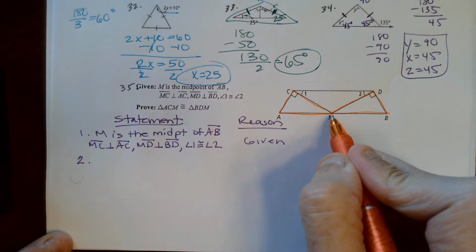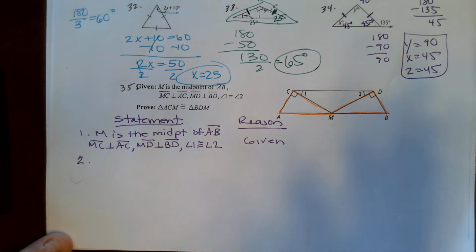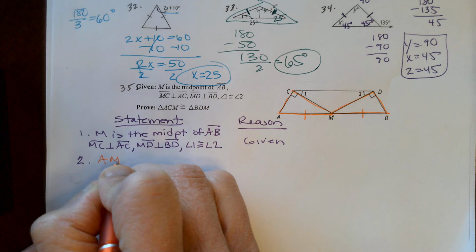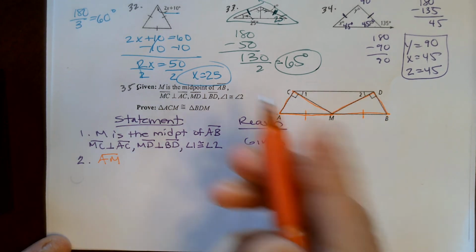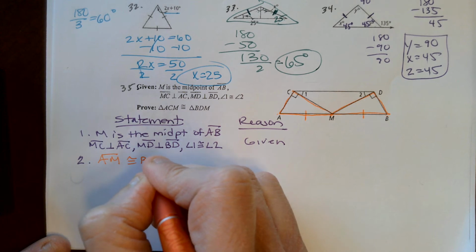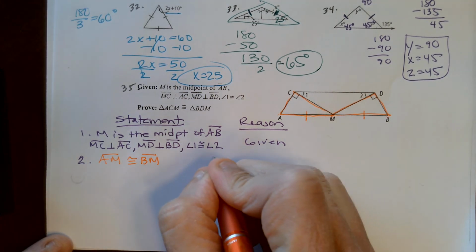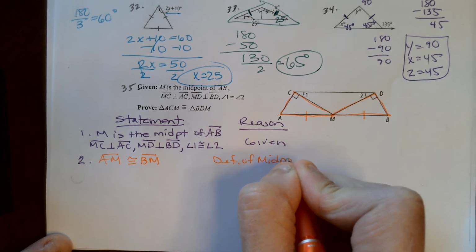And when M is the midpoint of AB, that means it's in the middle. Those have to be the same: AM, BM. Make sure you label them right now. And that is by definition of midpoint.